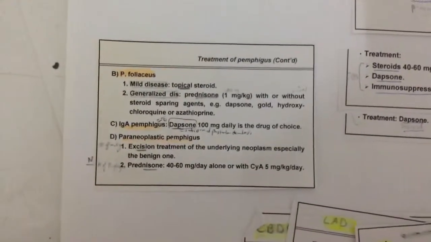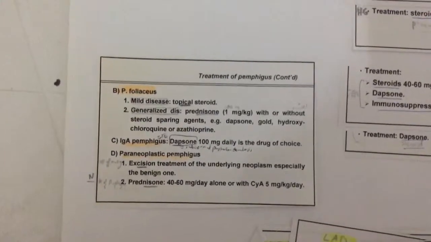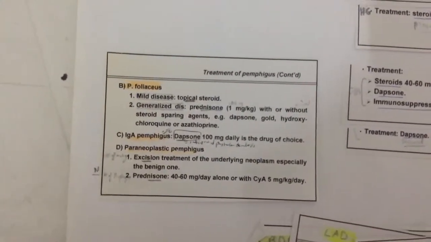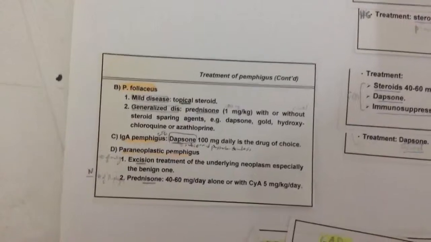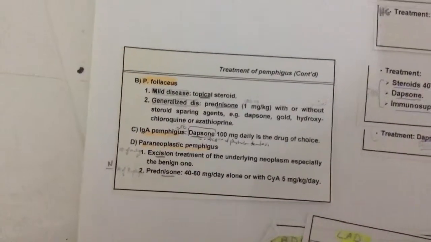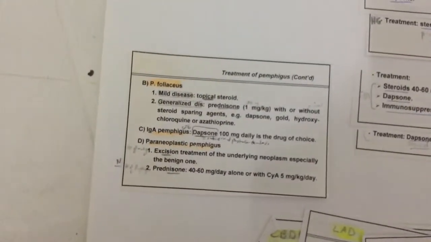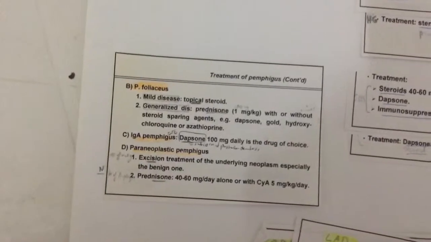For pemphigus foliaceus and mild disease, we give topical and also systemic steroid, sometimes with or without a steroid-sparing agent such as dapsone, gold, and azathioprine.